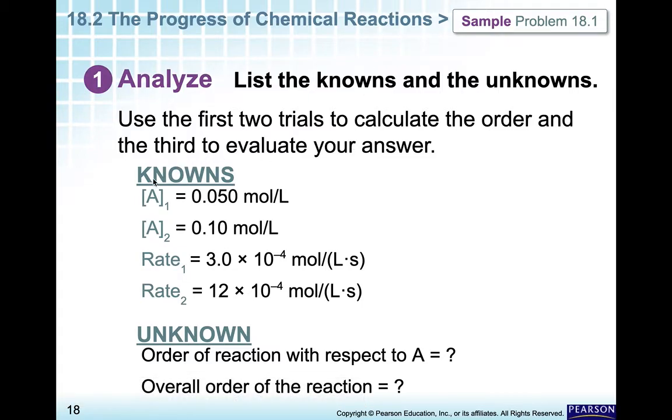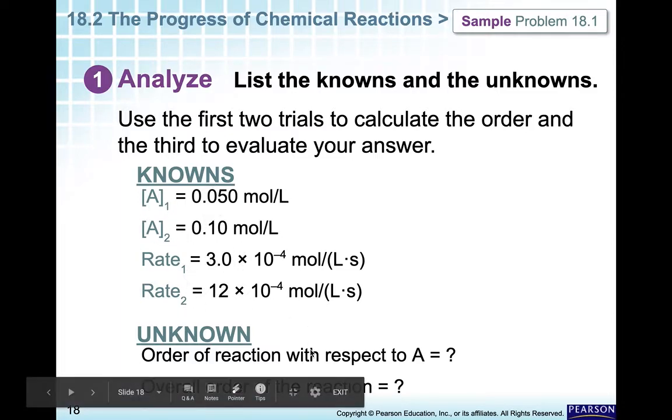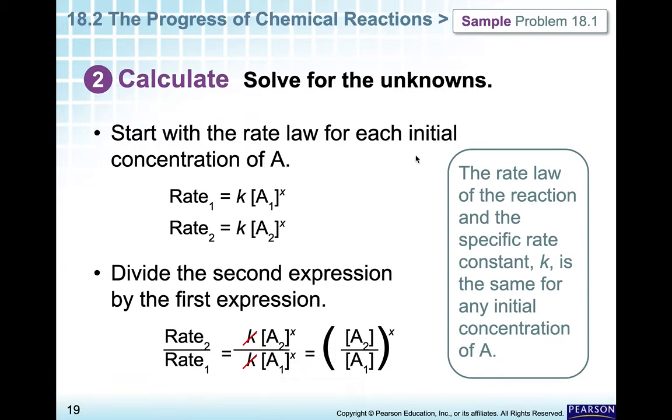So in trials 1 and 2, we knew the initial concentrations, we knew the initial rates. We're looking for the order. We could have written this rate law for each trial and known that the rate of the first reaction was equal to the constant times the initial concentration raised to the x power, and that the rate of the second one was also the same rate constant k.